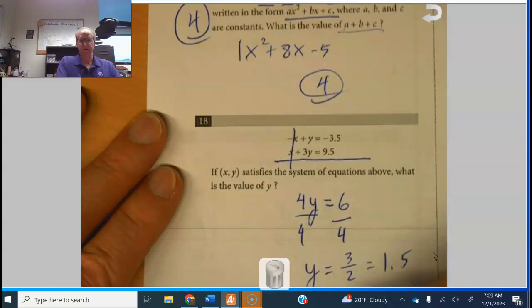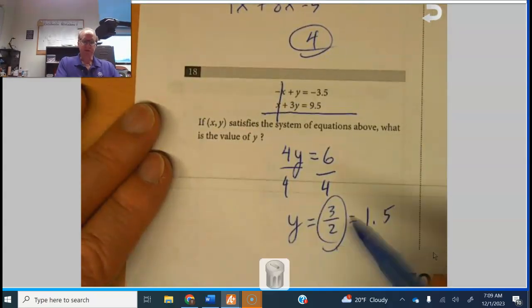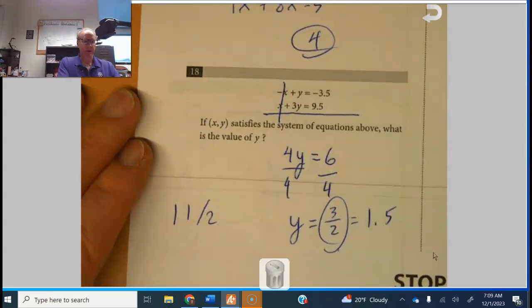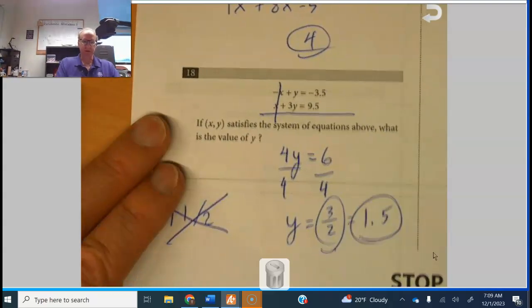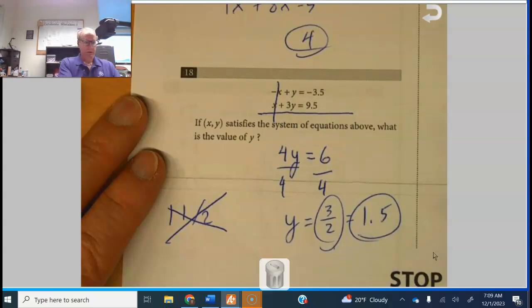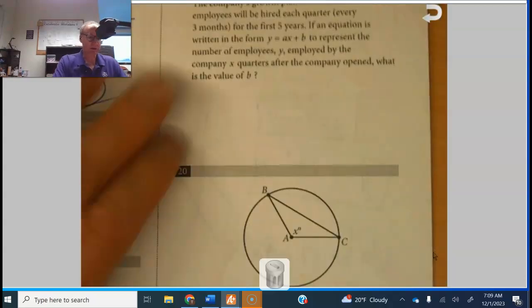Either one is correct. This is probably the safer one. What you don't want to do is put 1.5 in your answer because it'll read it as 11 halves. So be careful when you put your bubble in your answers on these kinds of problems. This is 3 over 2. Only two more.